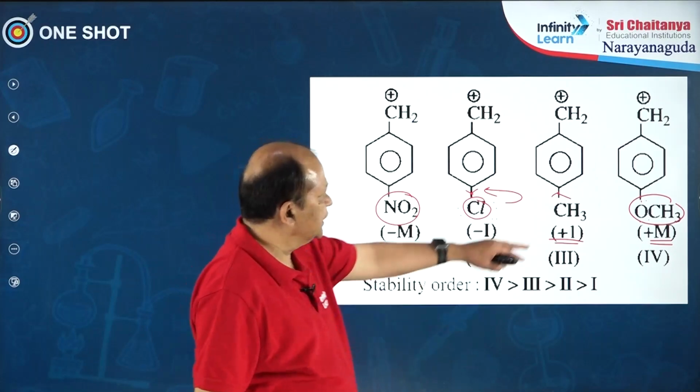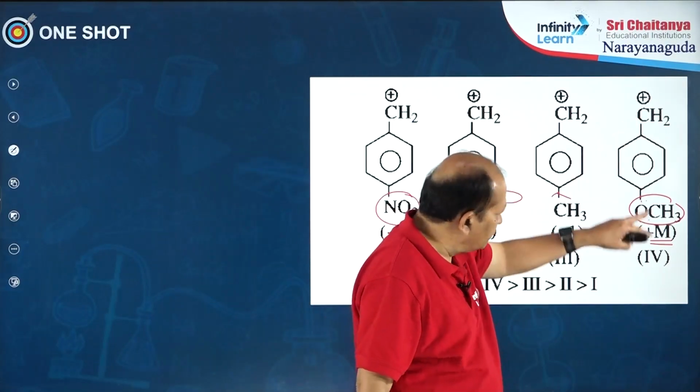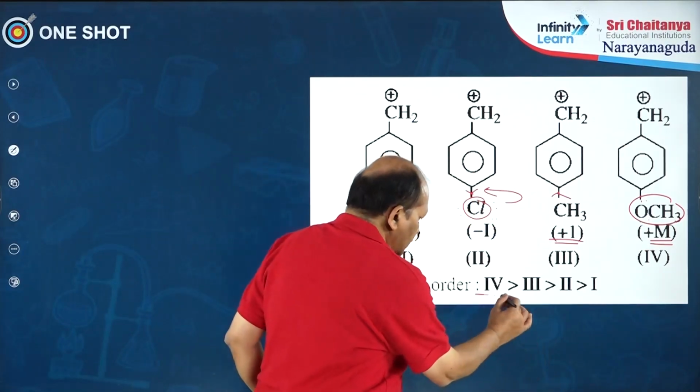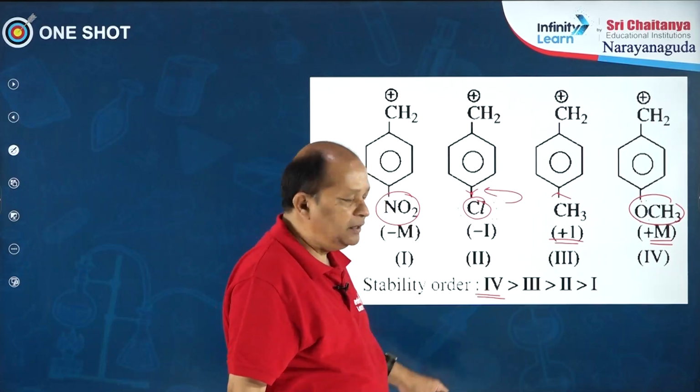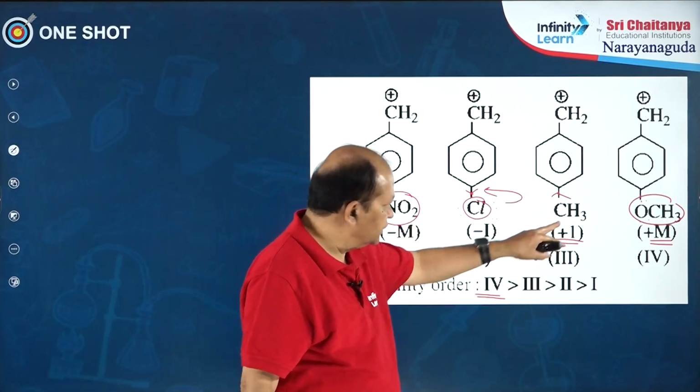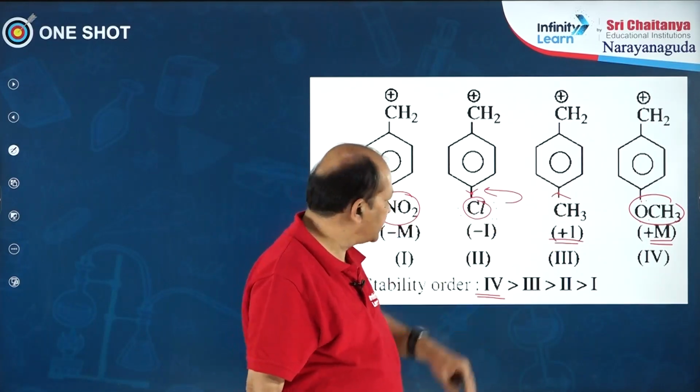Here the quenching of positive charge is more by the methoxy group, therefore compound 4 is more stable. Next is compound 3, where the methyl group is donating electrons.